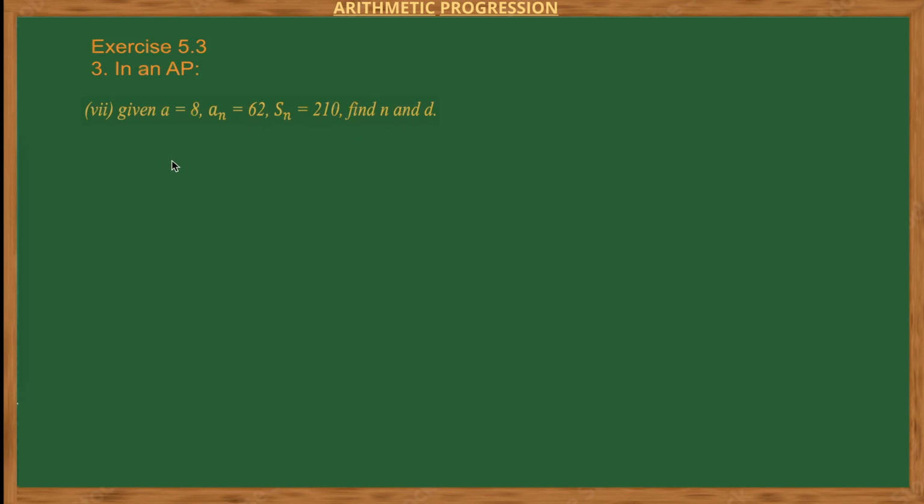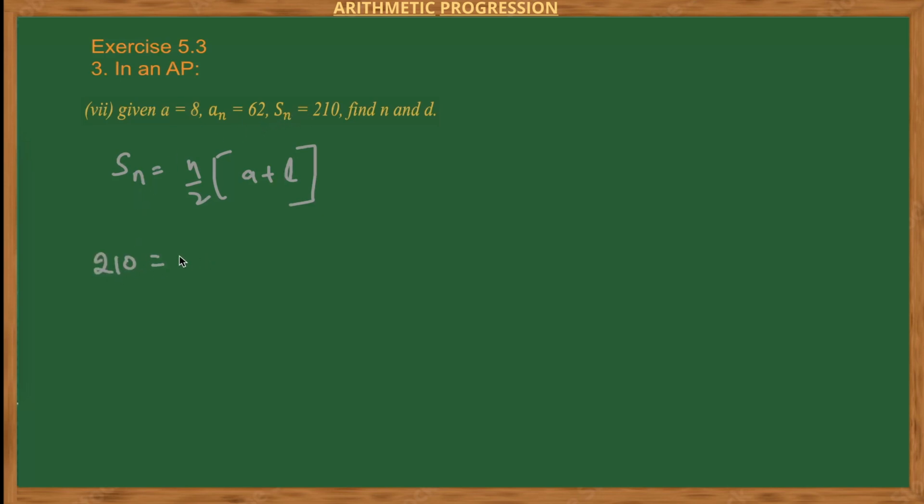The last value is given here, and the sum is also given, so we can utilize this formula: Sn is equal to n by 2 into a plus l. Here a is there, l is there, 62, and the sum is also there.